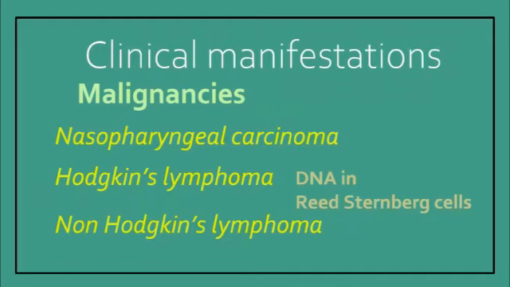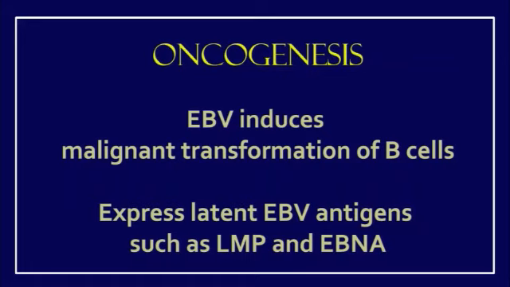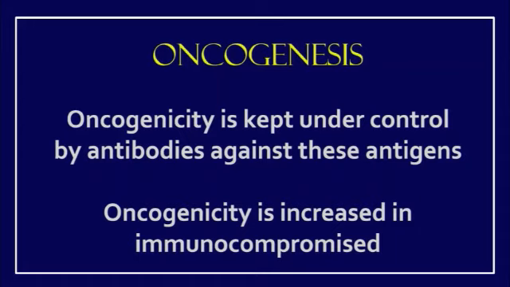If we come to the mechanism of this oncogenesis, you must remember that persistent Epstein-Barr virus infection can induce malignant transformation of infected B cells and epithelial cells by expressing latent Epstein-Barr virus antigens such as LMP and EBNA. Oncogenicity is kept under control by host immune response by producing anti-LMP antibodies.